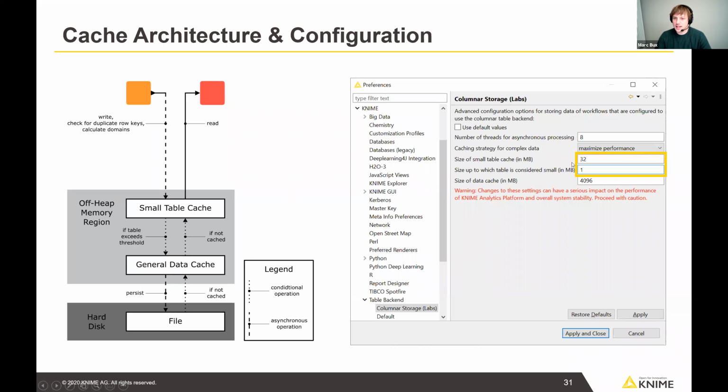And you can control the size of the small table cache, again, with these parameters. You can say, okay, I consider a table to be small if it takes up 1 megabyte of off-heap space, and I want my small table cache to be allowed to take up 32 megabytes of off-heap memory. And again, one of the reasons I talked about earlier for going off-heap is that we know exactly how large a table is.